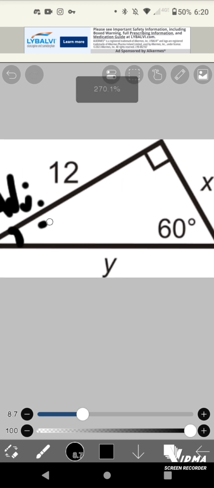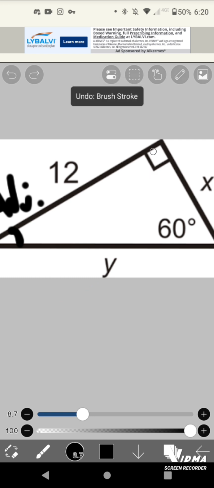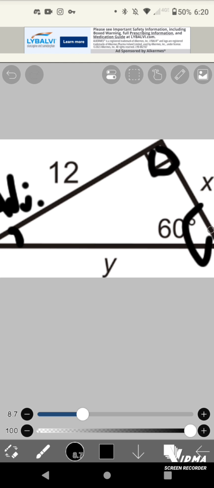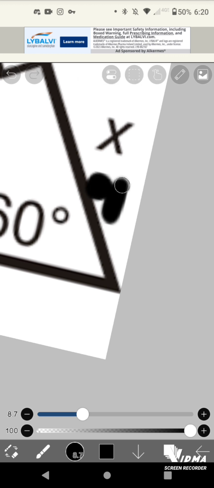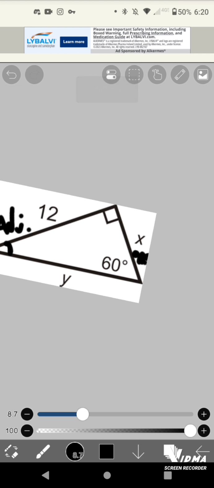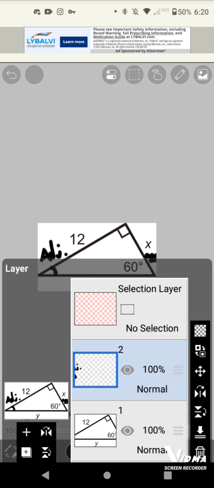This one is far away, and it has no corners of the line connecting to that angle. So it is the opposite. So we're given the value of 12 for the adjacent leg.